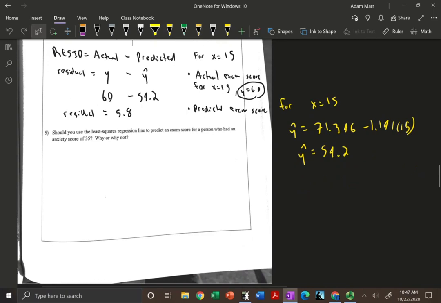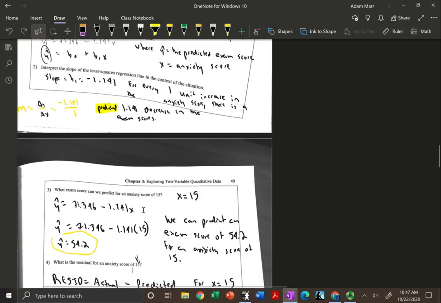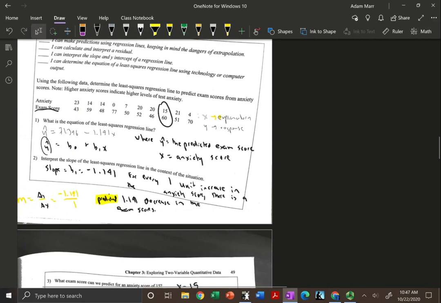All right, number 5. Should you use the least square regression line to predict an exam score for a person who has an anxiety score of 35, why or why not? Okay, let's see. What we want to do is look at our original data right here, and we see that our minimum was 0 for anxiety score.